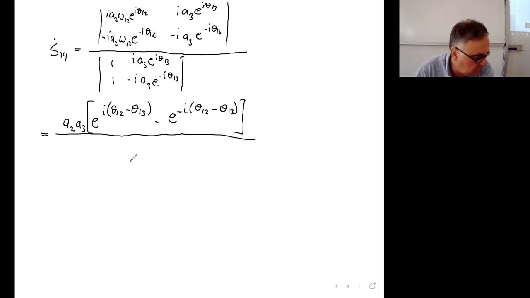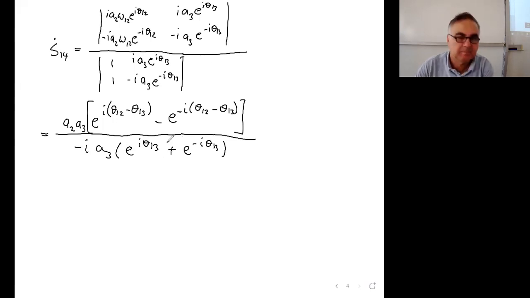Now you can see that we will probably use some trigonometric identities here, and this multiplication will give you I minus A3. Okay, remember the trigonometric identities.